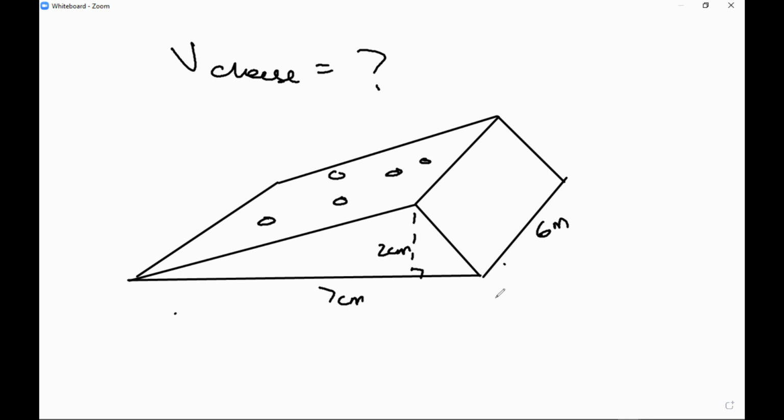So 6 is, yeah, good. So is it 2 times... oh no, 1 times 6. Where did you get 1 from? 2 divided by 2. Alright, why would you divide 2 by 2? There's a triangle. What about the triangle? You need to half it. So 2 times 7 divided by 2.